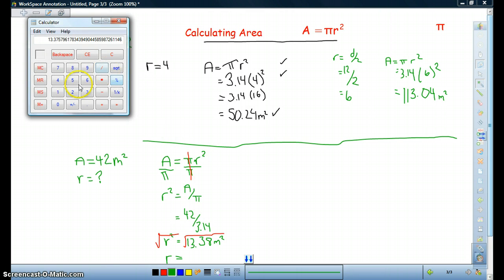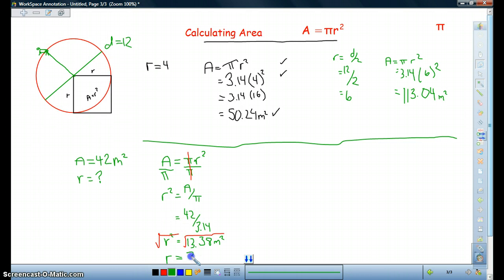And calculator, 13.38 square root, 3.66. And now we have our meters, because it's just a length. It's a single dimension. So if they wanted diameter at this point, what would you do? Diameter equals radius times 2. And that's it.